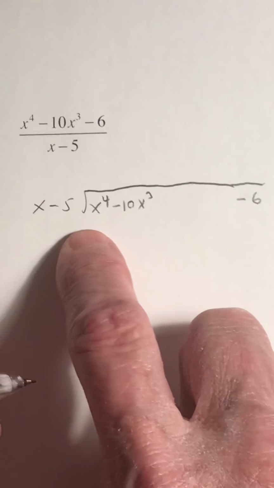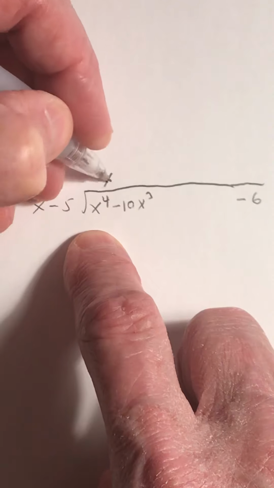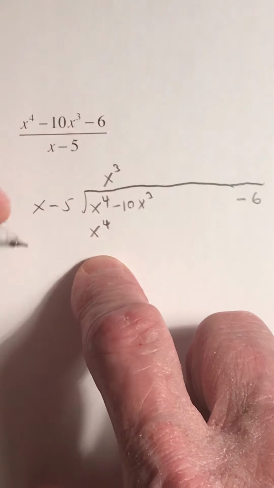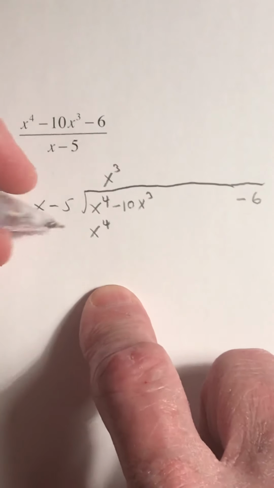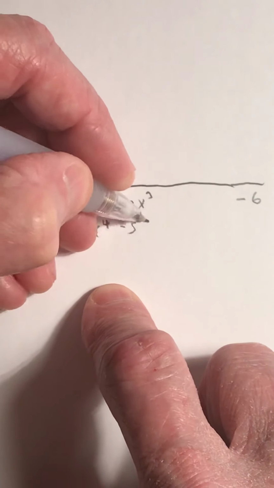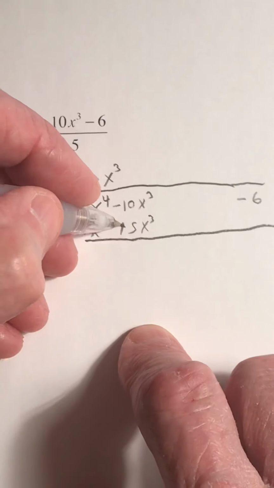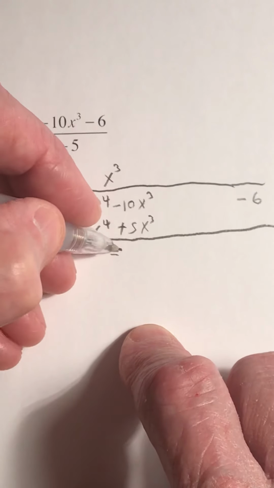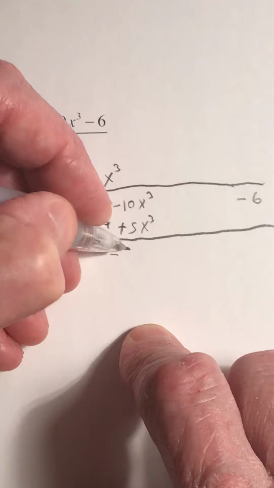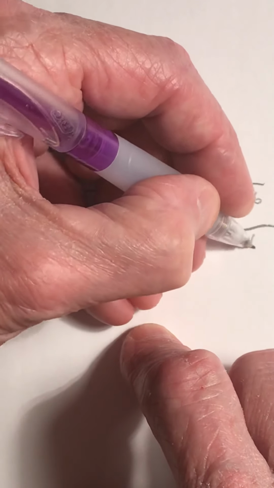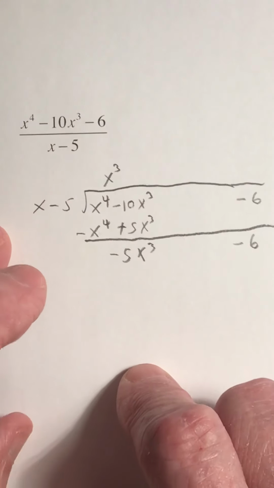Hey, x times what makes x to the 4th? X to the 3rd. X to the 3rd times x makes x to the 4th. X to the 3rd times minus 5 makes minus 5x to the 3rd. And we're going to change the signs and add. And we get minus 5x to the third. And of course, minus 6 is waiting patiently way down there.